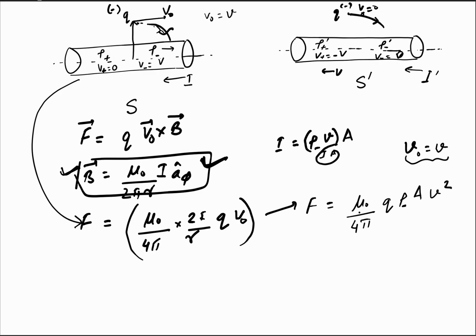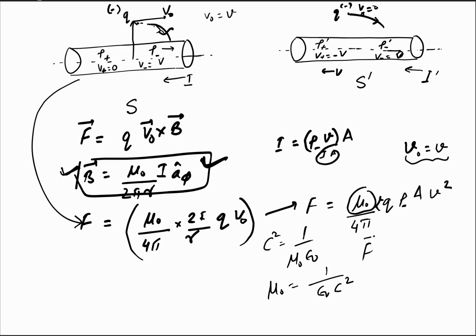Now, you know that C square is simply 1 over mu naught epsilon naught. So I will put the value of mu naught equal to 1 by epsilon naught C square.